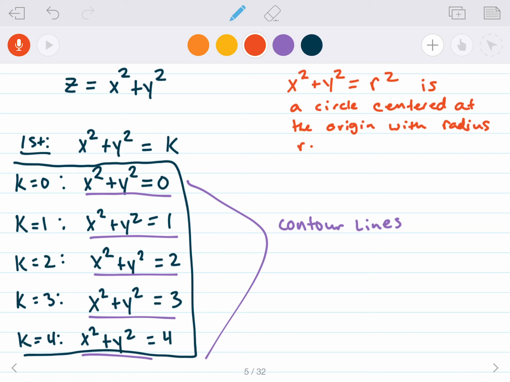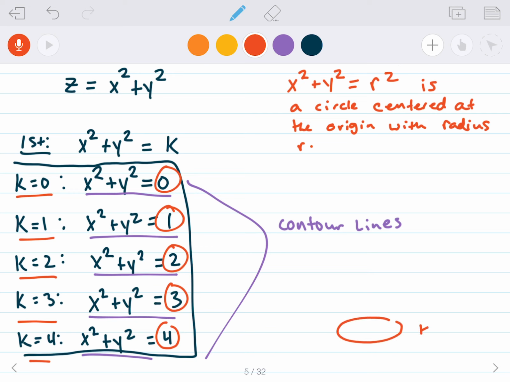So what we know about this shape is that as the height increases, the radius is increasing. This is going to be a super rough sketch, but we have a circle here at k equals 0. Then the radius gets bigger at level 1, when z equals 1. We have something like this. This is k equals 1. At z equals 2, or k equals 2, we have an even bigger one like this.